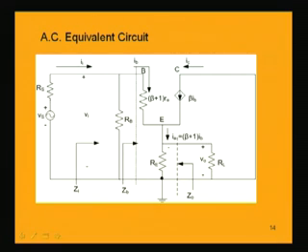So the output is between emitter and collector, and the collector is grounded. So this is the input circuit, and this is the output circuit, each with its own loop.